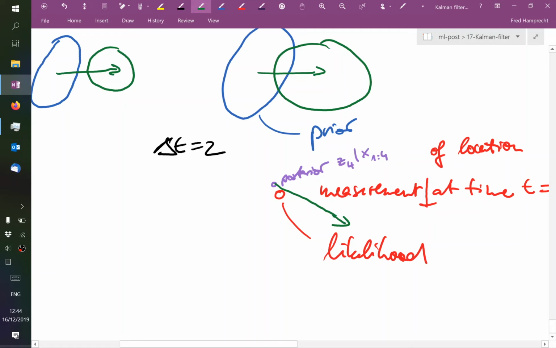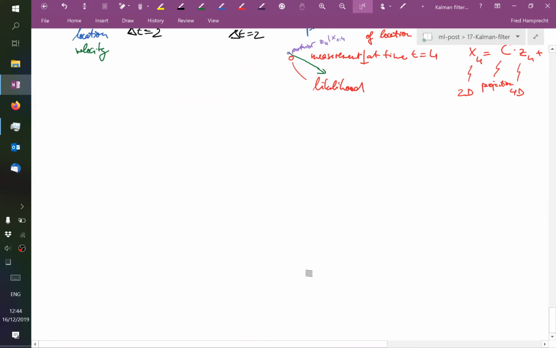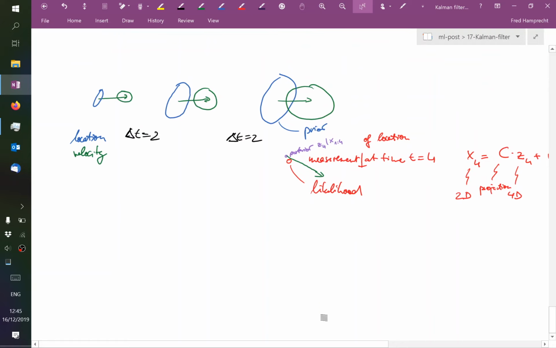But actually here I still have a, well, and I can also estimate, given that I started somewhere here, and given that after 4 time steps I'm there, this also gives me some information on how fast I have been. So I've learned something about my velocity also, and the uncertainty of the velocity has become much smaller.